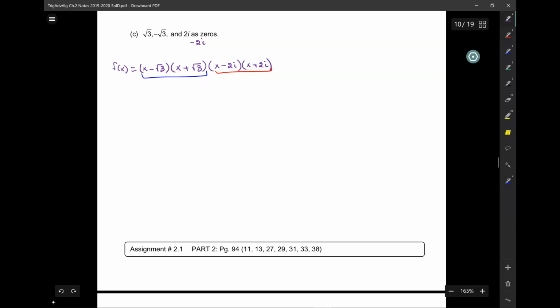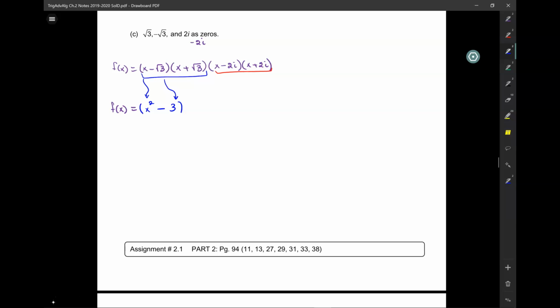So, for the first one, when you have x minus something, x plus something, you square the first one, x squared. You square the second one, what do you get? Root 3 squared is 3. These were real, right? When they're real, you put a negative in the middle.